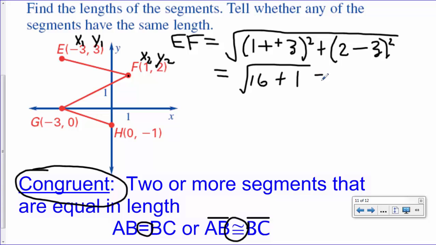We end up again with the same answer as last example, square root of 17. We can leave it in square root form, but let's compare that now, F to G.